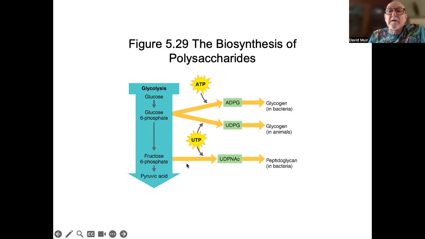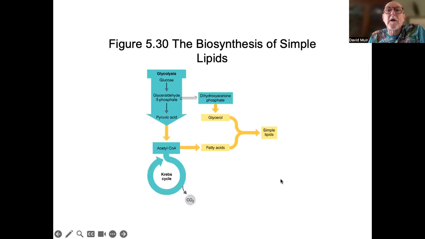Fructose 6-phosphate, which is one of the intermediates I asked you to remember the name of, is utilized to produce peptidoglycan. Peptidoglycan is also a polysaccharide, and you'll remember it's a component of the cell wall. Lipids are very easily manufactured from intermediates of glycolysis and of the Krebs cycle.